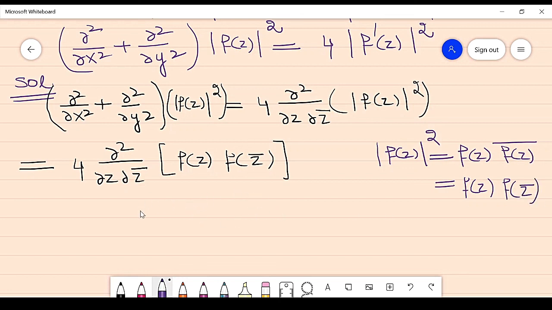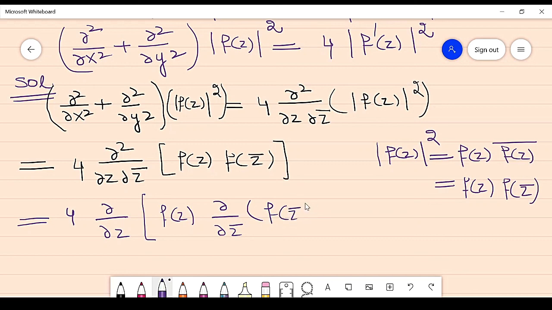Now first I differentiate with respect to z conjugate, and z is fixed, z is constant. Then I differentiate with respect to z. So this is 4 times del by del z of f of z times del by del z conjugate of f of z conjugate.